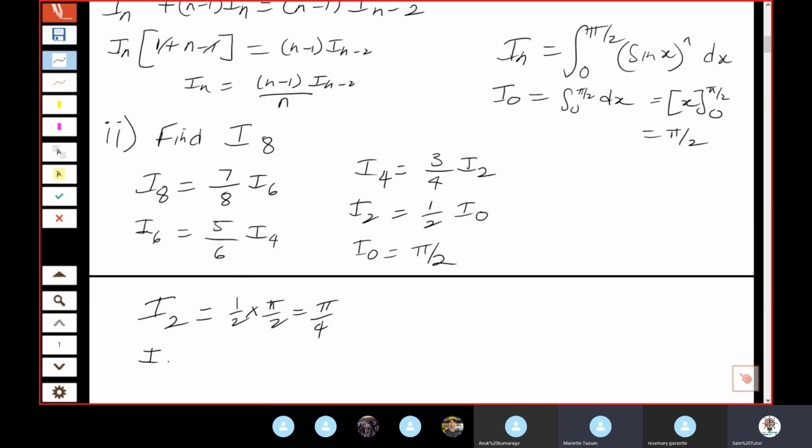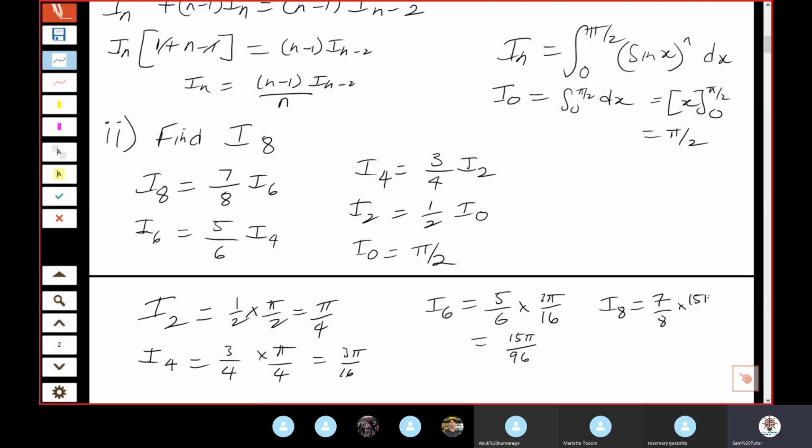That's the logic. So I4 equals 3/4 of I2, but I2 now we know is 3 pi on 16. I6 is 5/6 of 3 pi on 16, which is 15 pi on 96. And then lucky last, I8, is 7/8 of 15 pi on 96.